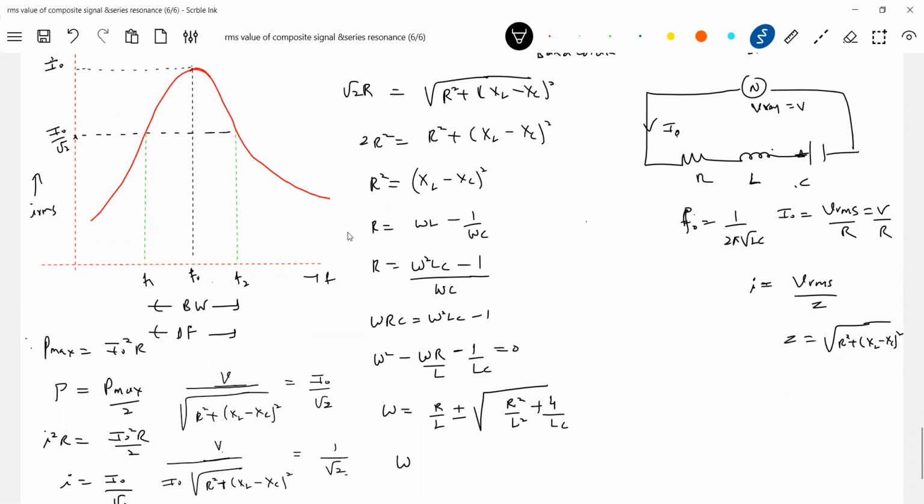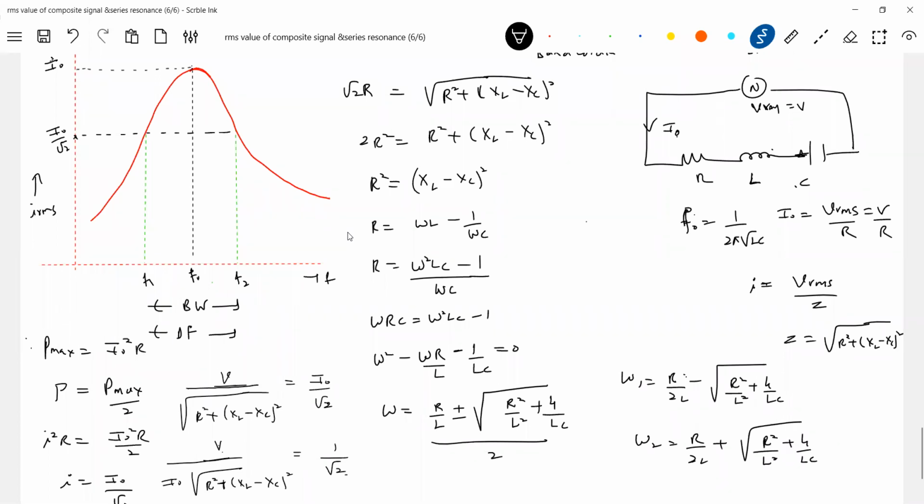So one angular frequency I'm going to get is omega 1, equal to minus R by 2L plus the root. The other frequency will be R by 2L plus the root. So I got omega 1. From omega 1, you can bring 2 pi f1.